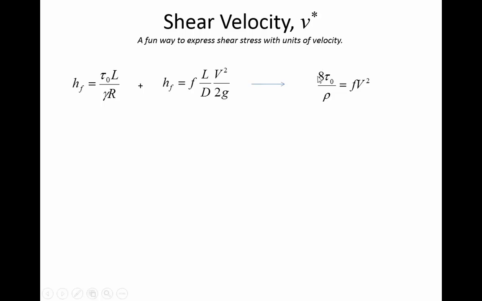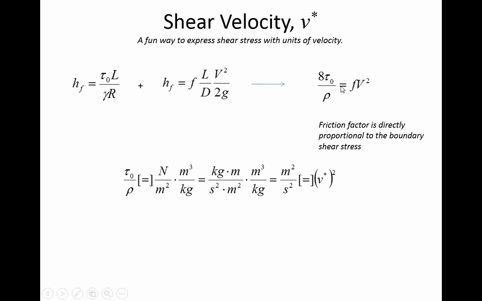See the 8 that's here? Well, it's because we had 2 here, and then the radius we're substituting d divided by 4. So trust me, it works out when you combine the two together. You end up with a relationship between the shear stress and the friction factor, F. And so it tells us that the friction factor and the shear stress are directly proportional.